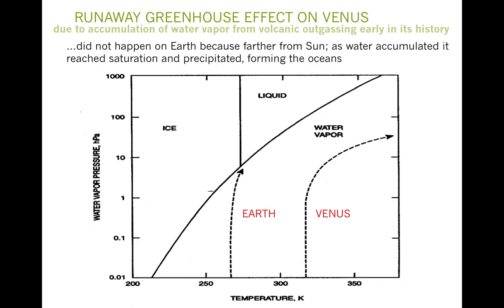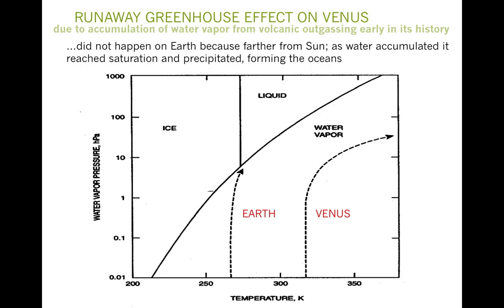Cloud droplets formed, they precipitated, and the ocean formed. Venus is much hotter, and as its temperature, as its water vapor pressure, or its mixing ratio even, started to rise, it never was able to hit the liquid line. And so the water vapor remains in the gas phase and continues to trap outgoing radiation. And this is why there's a runaway greenhouse effect on Venus.